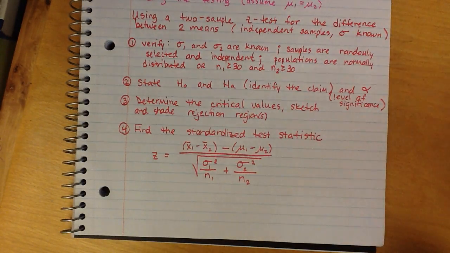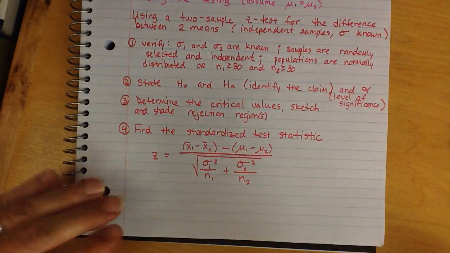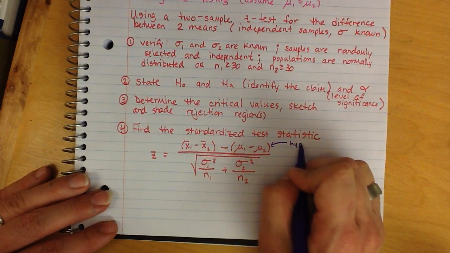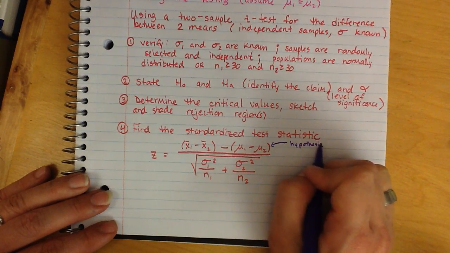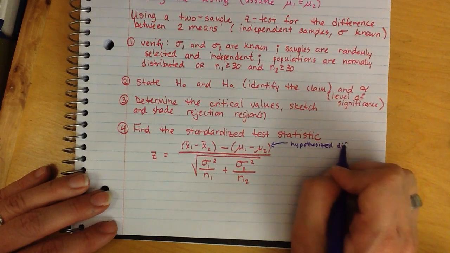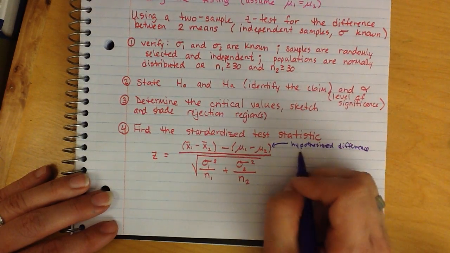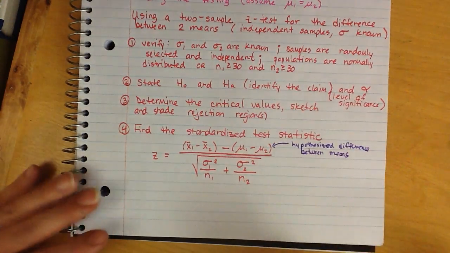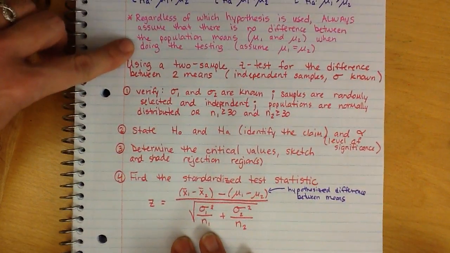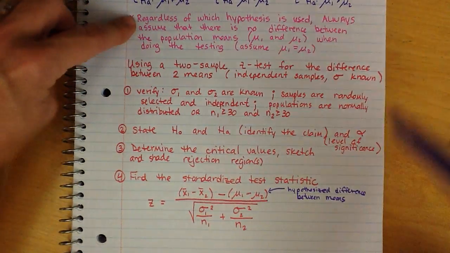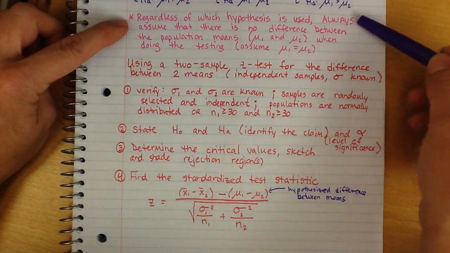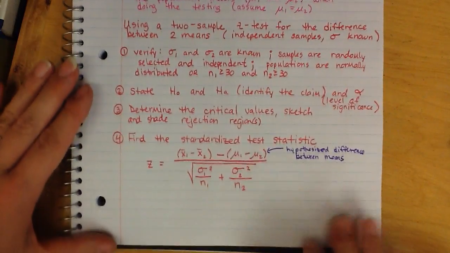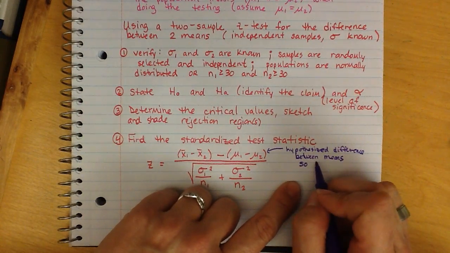So let's label what some of these things are. This mu 1 minus mu 2, that's the hypothesized difference between the means. And if you remember from up here, regardless of which hypothesis is used, we always assume there's no difference between the means. So we're assuming mu 1 is equal to mu 2. So this equals 0.